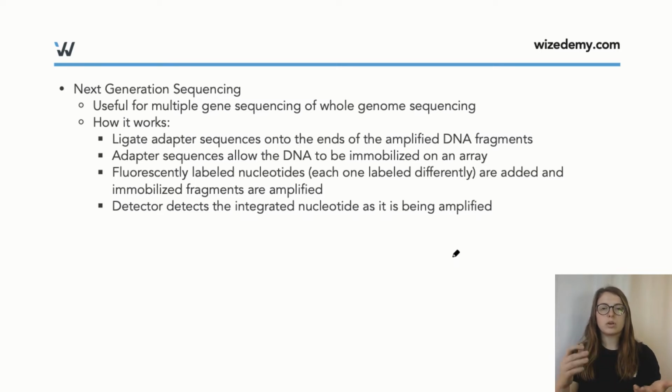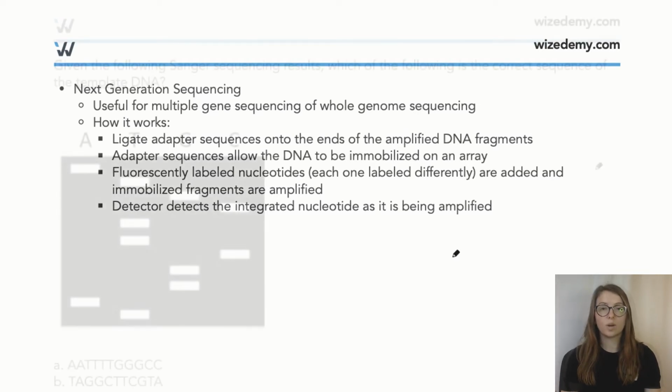So the computer will look at a single spot on this DNA array, and then as a color is shown, like red, green, blue, black, it will tell the detector exactly what nucleotide is being put into that specific location. And so in comparison to the other previously mentioned sequencing techniques, it's almost instantaneous for you to actually get your sequence of interest, but it also comes at a higher price tag.